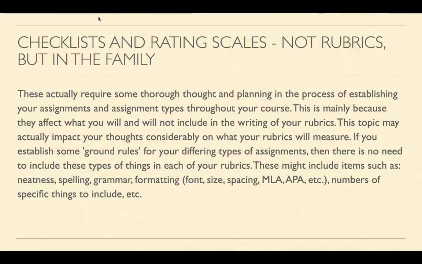These things might include neatness, spelling, grammar, formatting like font choice and size, spacing, MLA, APA, numbers of specific things to include, etc. Those are all okay within a checklist or a rating scale, but we don't necessarily want to include those, at least not in our general rubrics.